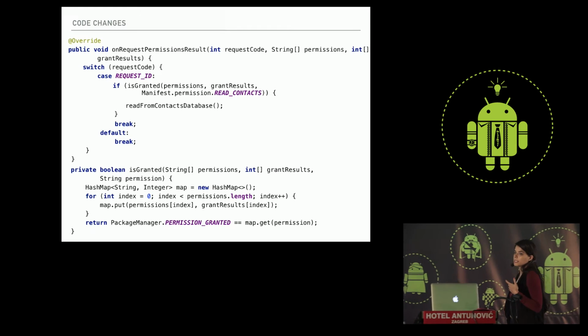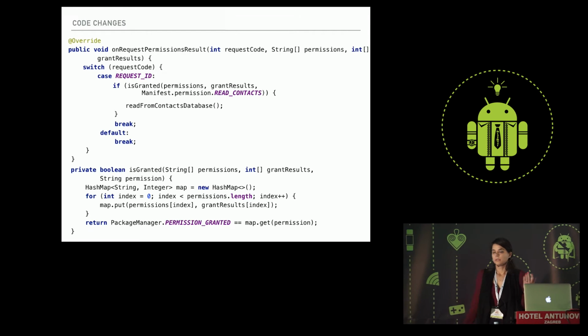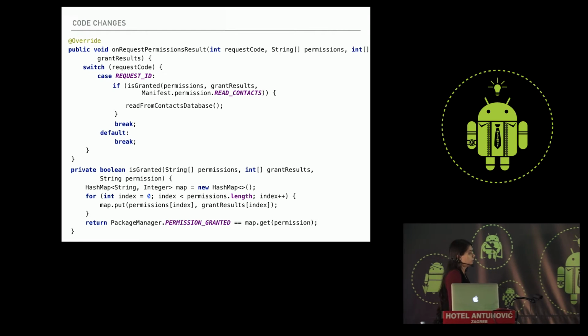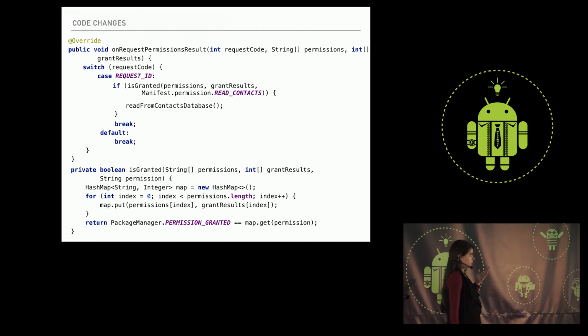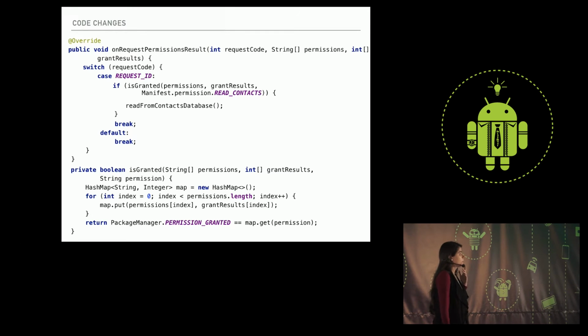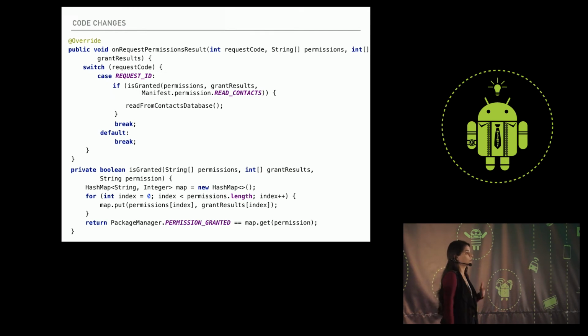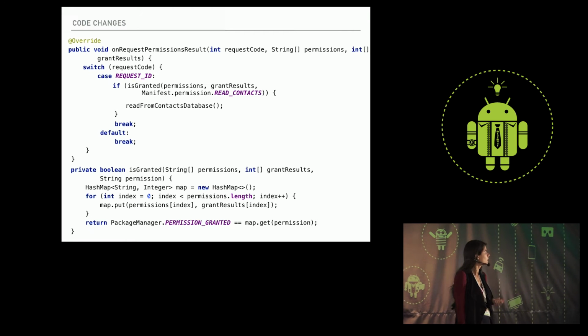So you need somehow to map them. You can use a map or a set. It all depends on your use case, and maybe you don't even need it. And if the permission or permissions are granted, then you can go and do the action you wanted to do in the first place.